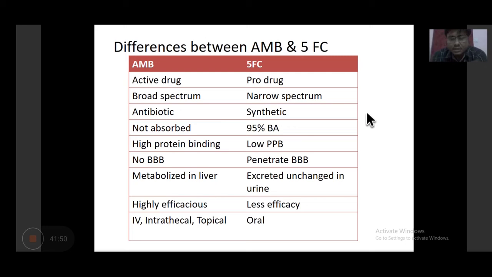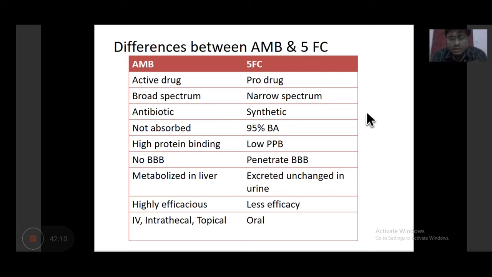Amphotericin is metabolized in the liver, while 5-flucytosine is excreted unchanged in urine. So the kidney toxicity may be increased with the use of both drugs, but because the dose of amphotericin B is reduced significantly when we use it along with 5-FC, that nephrotoxicity is also reduced.